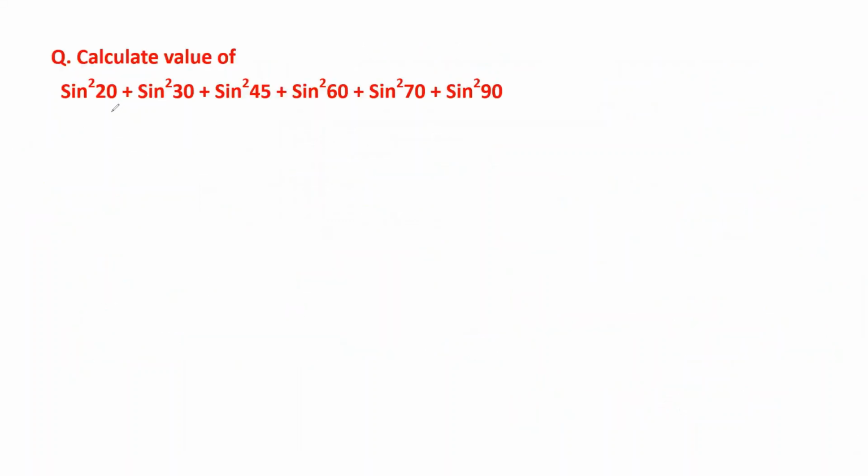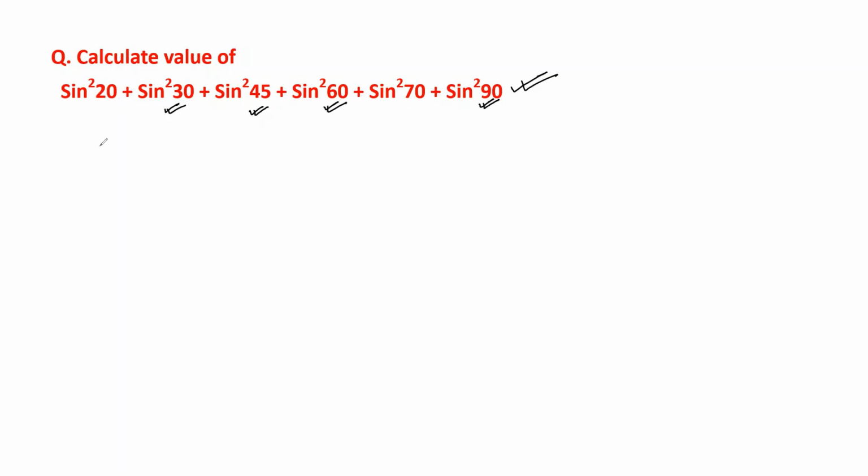Now, let us apply the learnings that we have seen to find the value of this expression. So we have been given sine square 20 plus sine square 30 plus sine square 45 plus sine square 60 plus sine square 70 plus sine square 90, and we need to find the value of this expression. Well, from the table, we can directly write the value of sine 30, sine 45, sine 60, and sine 90. But we don't know the value of sine 20 and sine 70.